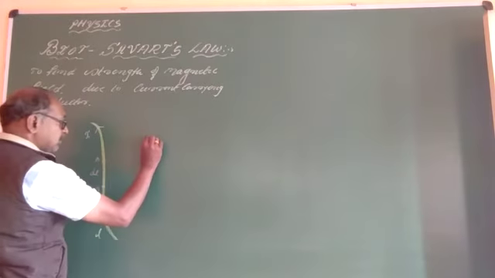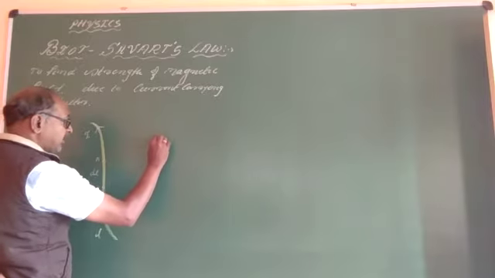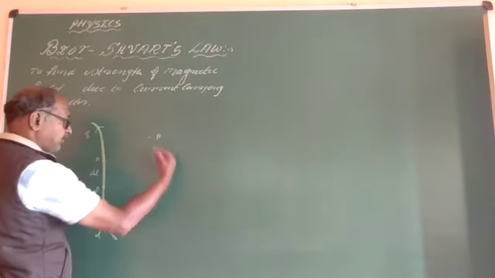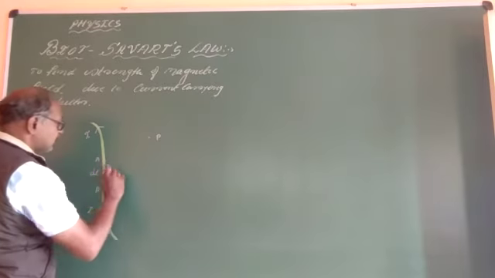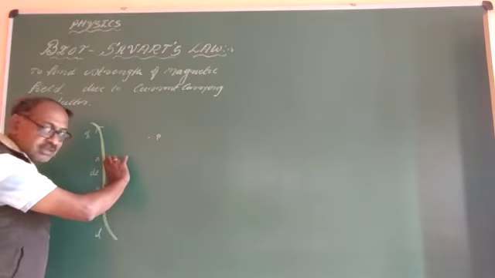Here is a point. We consider this point as P. It is at a distance from this current element.